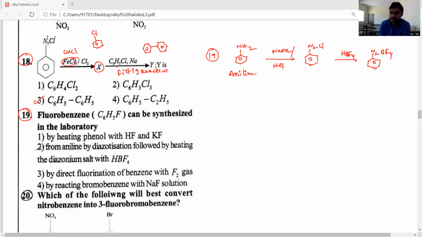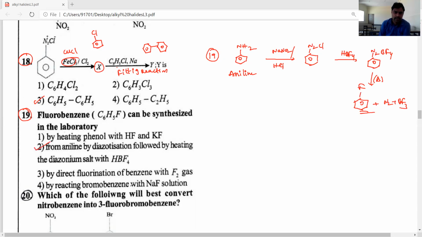On heating, it produces fluorobenzene plus N2 plus BF3. So fluorobenzene we can synthesize from aniline: first diazotization, then treatment with HBF4 on heating, and then we get fluorobenzene.